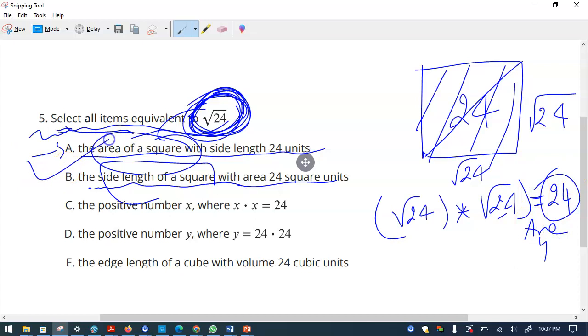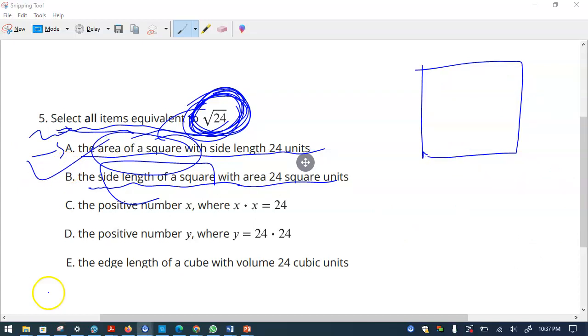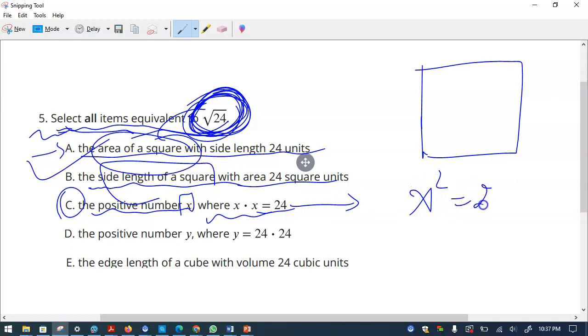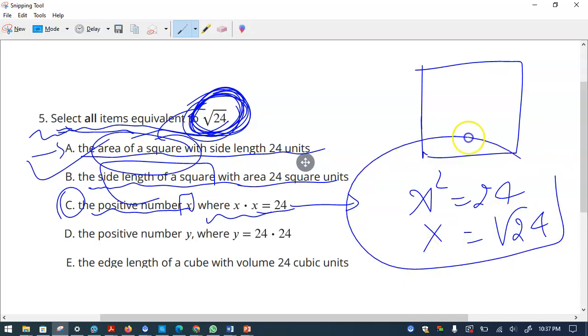That's correct. C is saying the positive number x such that x squared is 24. By definition it is square root of 24. So this is also correct.